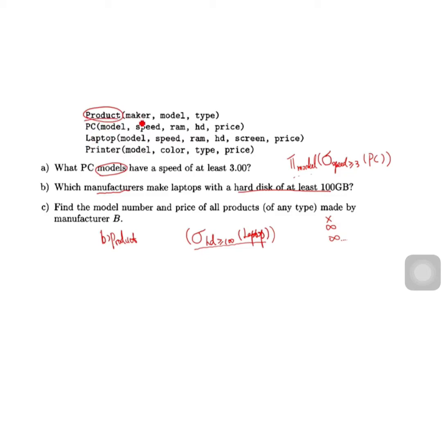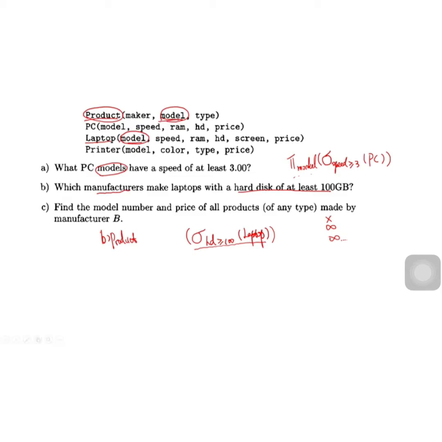There is only one attribute with the same name in product and laptop, and we want to join product and laptop on model.